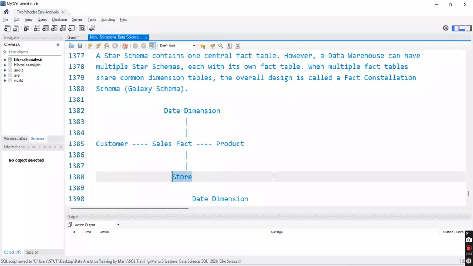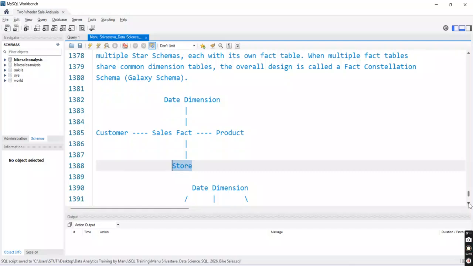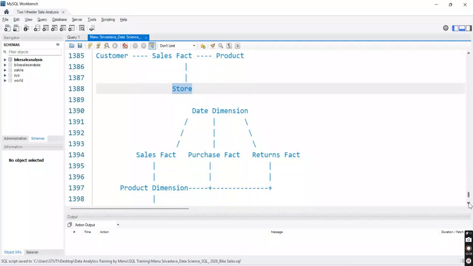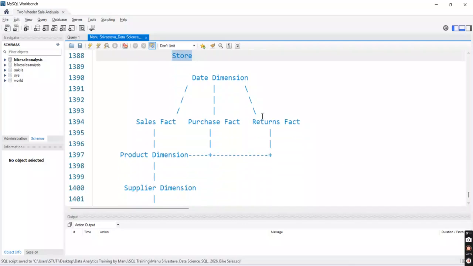But there could be cases where multiple dimension tables and multiple fact tables could be there. For example, if an organization has different lines of business, it could be procurement, purchase, sales, inventory optimization, or finance. In those cases, we have three fact tables: sales fact, purchase fact table, and returns fact table.